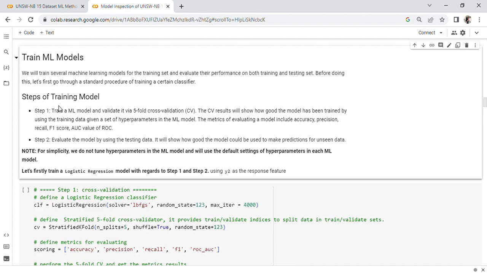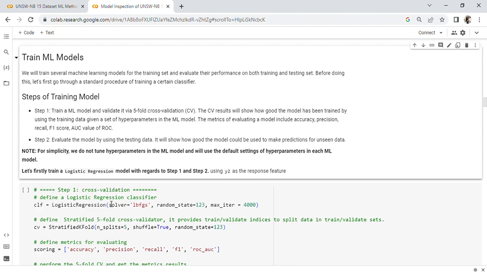So, steps for the training model. Here is the first step: train an ML model and validate it via cross validation. The CV result will show how good the model has been trained by using the training data given a set of hyperparameters in the ML model. The metrics for evaluating a model include accuracy, precision, recall, F1 score, AUC value and ROC.